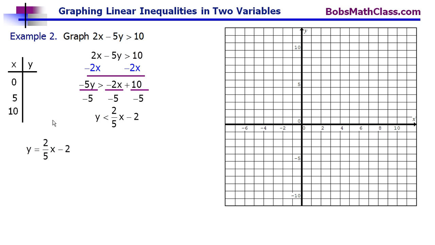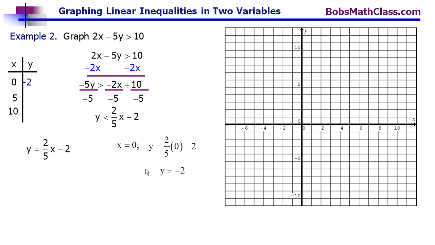You want to pause and go through the steps of working that out. And then come back when you're done. So if x is 0, that gives us negative 2, because 2/5 times 0 is just 0. 0 take away 2 is negative 2.